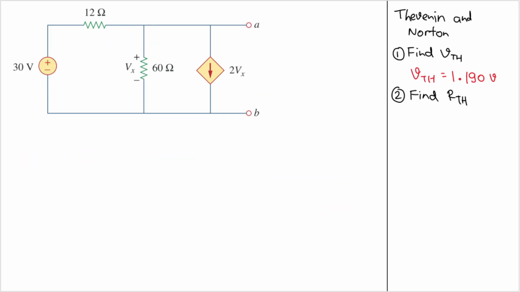Next we need to find out RTH, so we need to turn off all the sources, the independent sources.